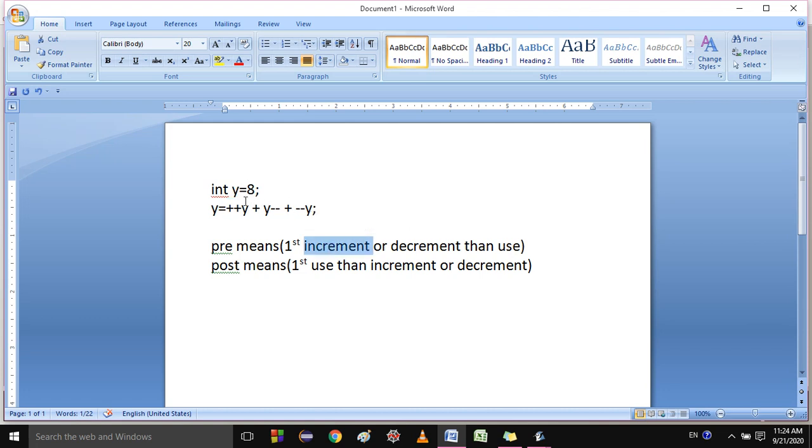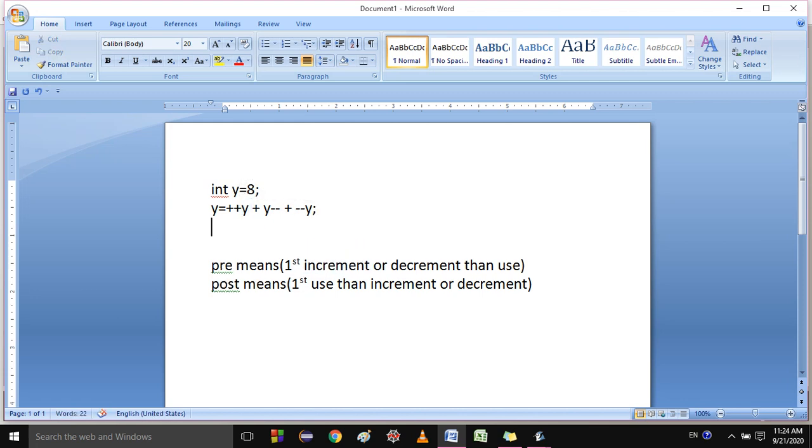That means y becomes 9 here. Let me write here: y becomes 9. Then use, that means write the value 9. Then our cursor moves here. You know y becomes 9 right now, so again 9.